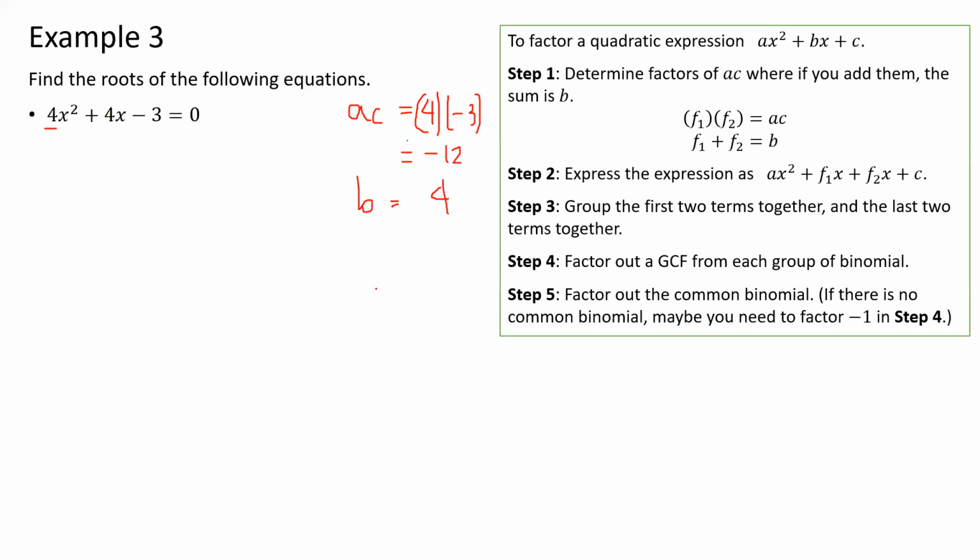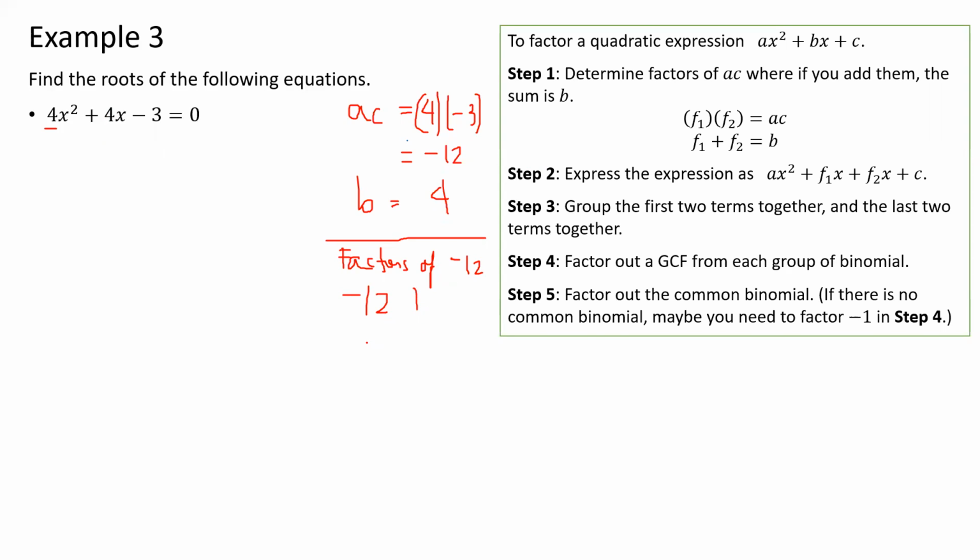So what are the factors of negative 12 that when we add them together, the sum must be positive 4? We can again enumerate each of them, right? We can have negative 12 and 1, but that is negative 11.